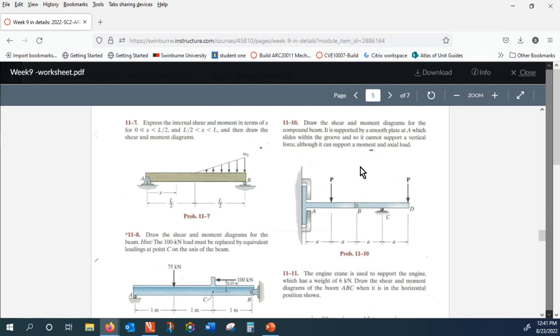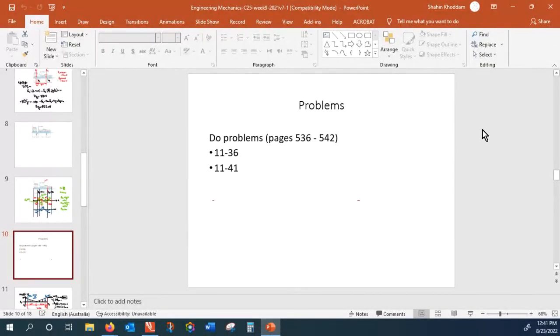Good afternoon, everyone. We continue with the bending of beams, and the new topic we learned this week is that the performance of the beam is not only a function of loads, but also has to do with the cross-sectional geometry of the beam.